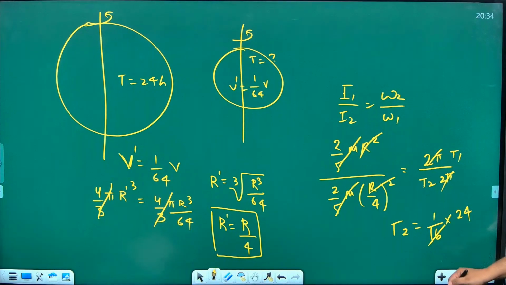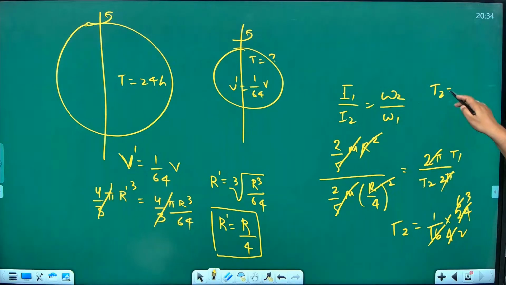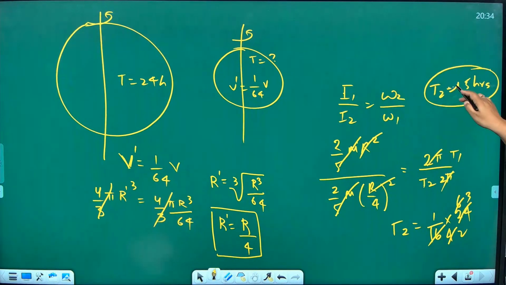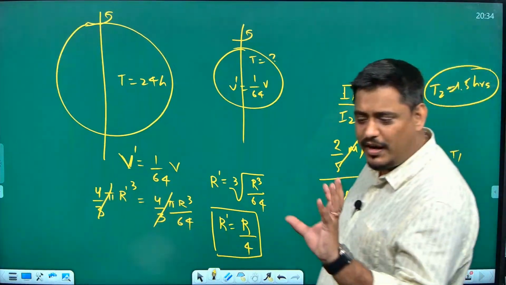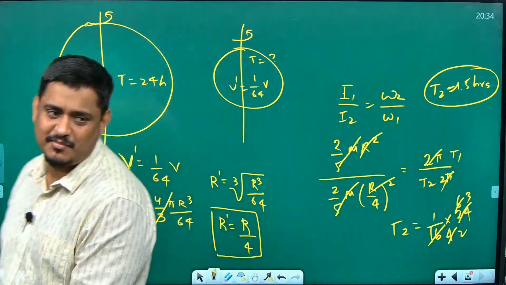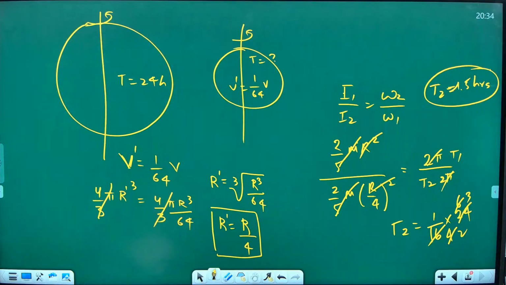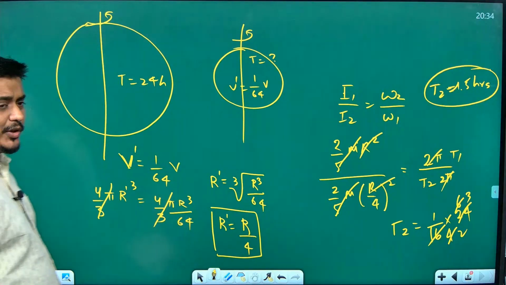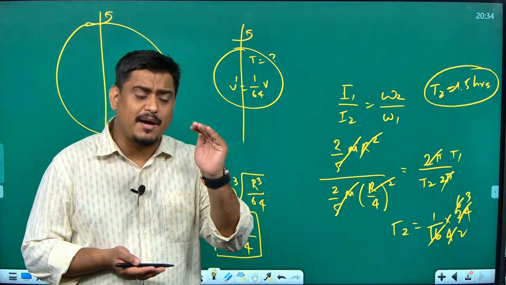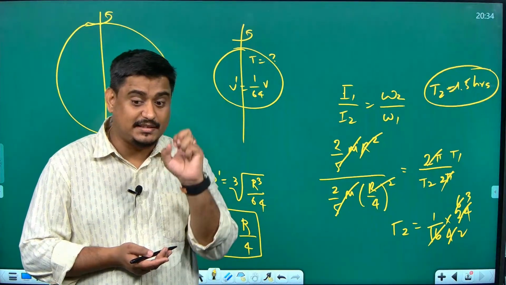How much is that? I think 1.5 it will come. 4 4s are 16, 16 6s are 96, 24 by 16 is 1.5. T2 answer is given as how much? 1.5 hours. Clear to you? So in 1.5 hours the day will change. Imagine how fast the Earth starts rotating. So are you seeing, if radius became half, it became 6 hours.